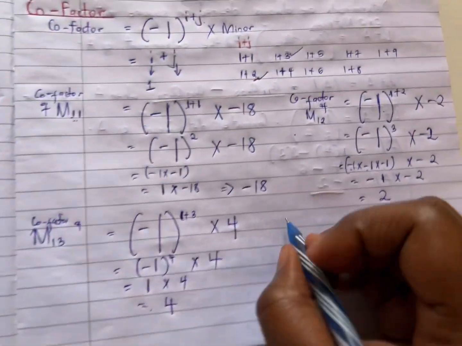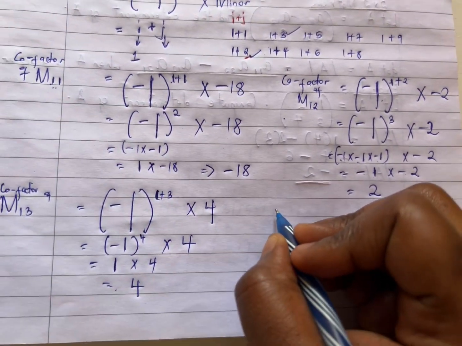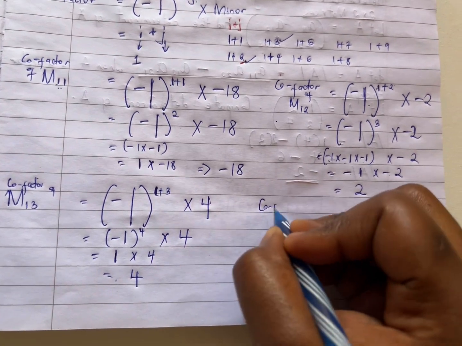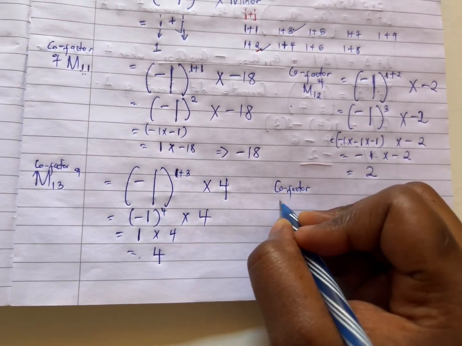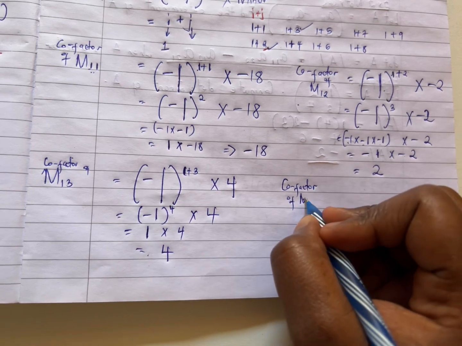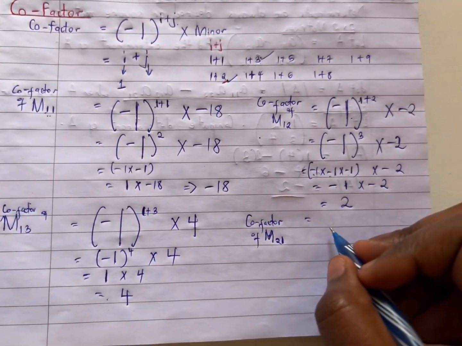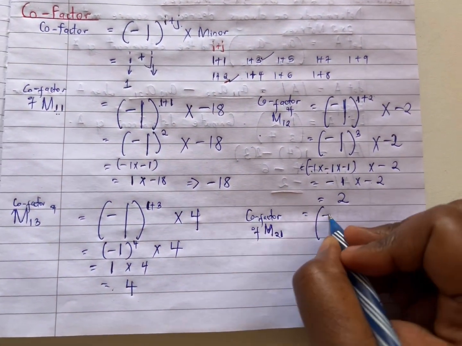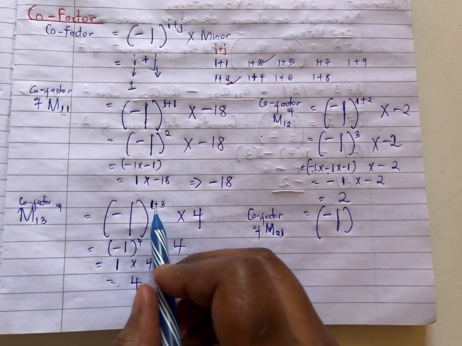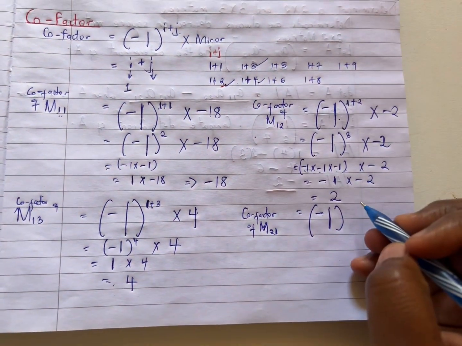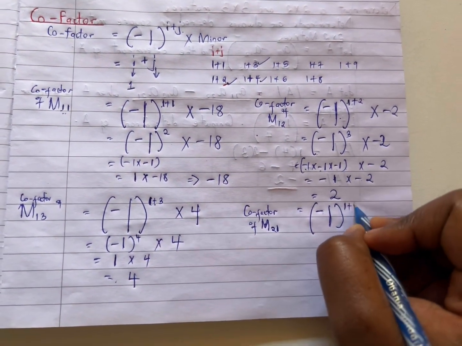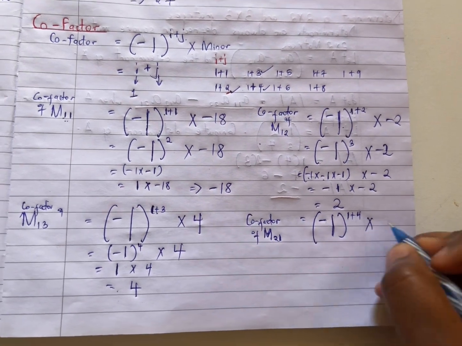We move to the cofactor of M21. The minor was 19, so negative 1 power 2 plus 1 times the minor, which was 19.